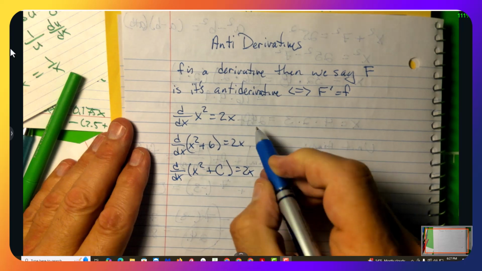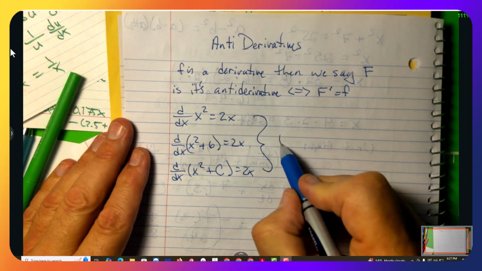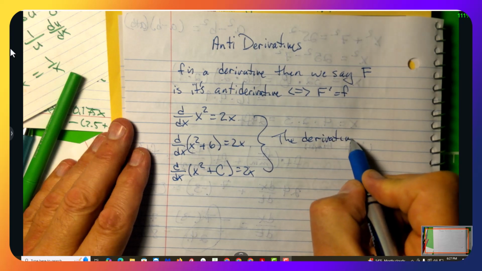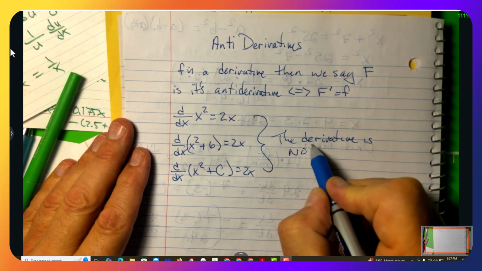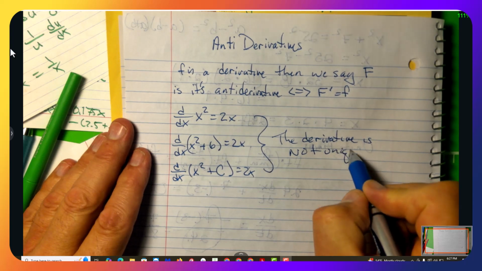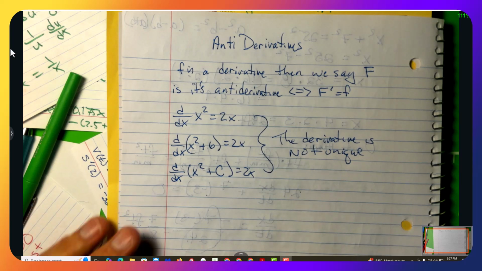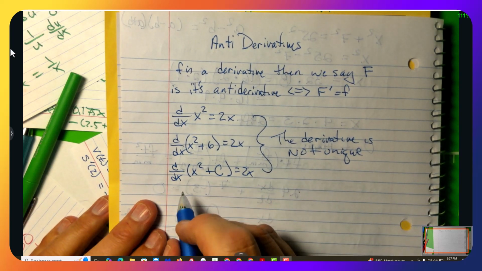It's 2x. So the derivative is not unique. Which means its inverse process, so to speak, also is not unique.